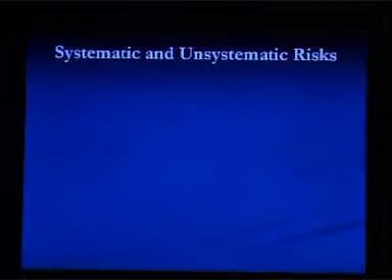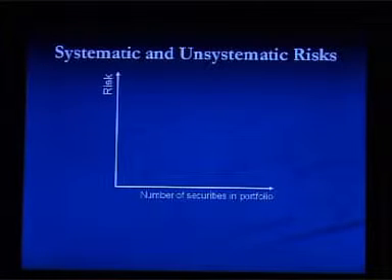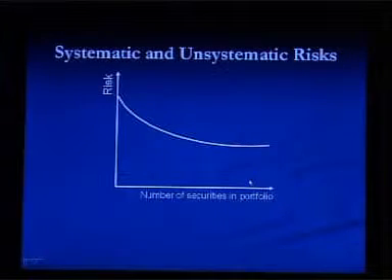The systematic and unsystematic risks can be defined by using a graph where in the horizontal axis we can see the number of securities in the portfolio, and in the vertical axis we get the risks of the portfolio. Now, when we are increasing the number of securities in the portfolio, you can see here that the risks can be reduced, but at this stage actually the risk is reducing at a very low rate.